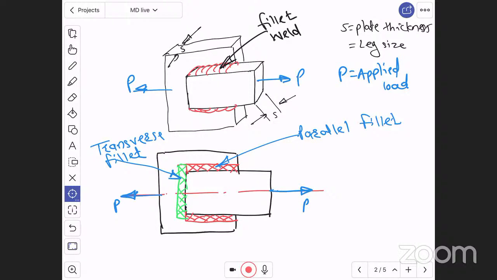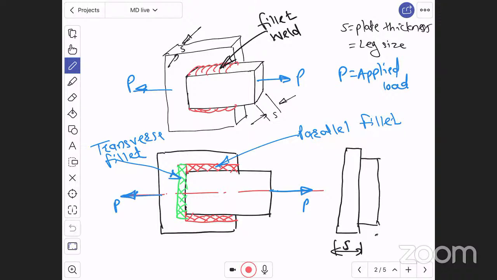And if I see its another view, the other view will look like this. This is plate 1 of leg size S, or plate thickness S, right? And another plate. Here I am considering leg size for both plates is the same, or plate thickness for both is the same, right?